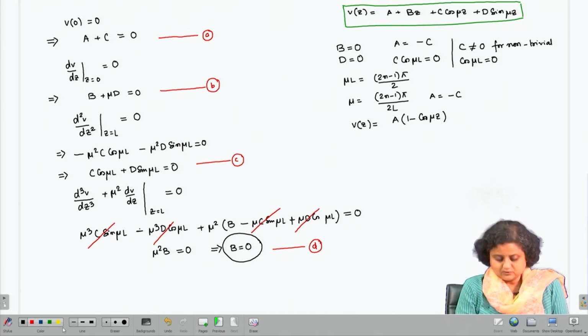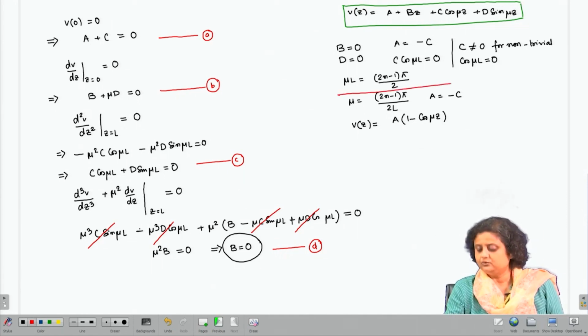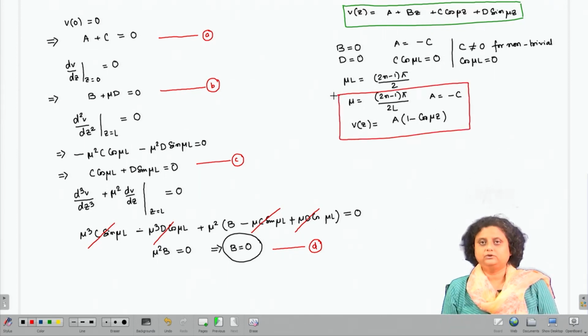This is the solution that we have. I am going to summarize this, and we are going to talk about this in more detail in the next lecture. Thank you.